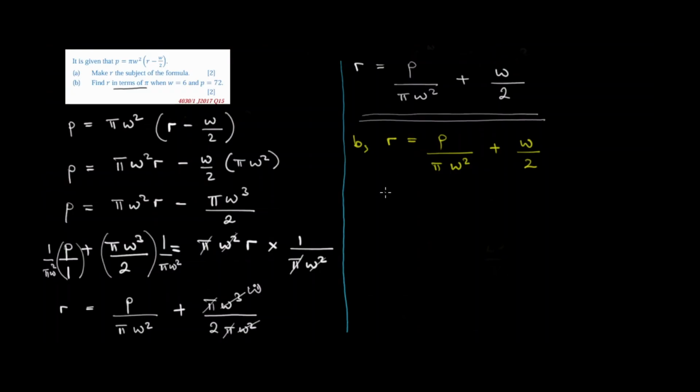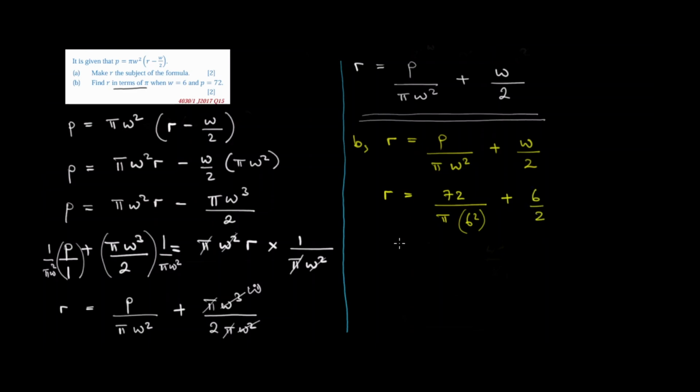So here we say r is equal to what is P? P is 72 over, here it's pi, then w is 6, so it's 6 squared like this. That plus what is w? 6 again, so 6 over 2.